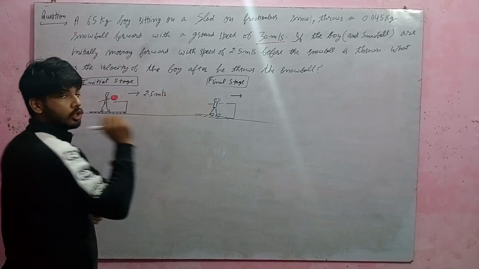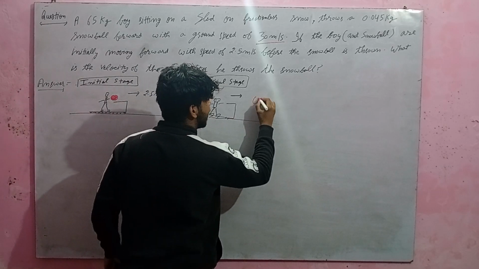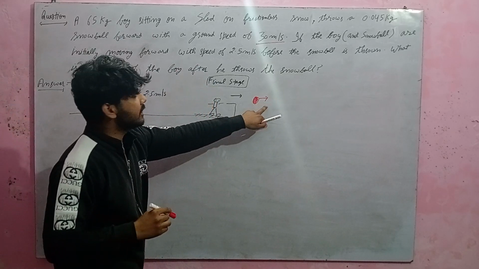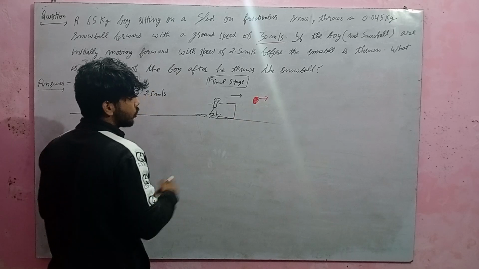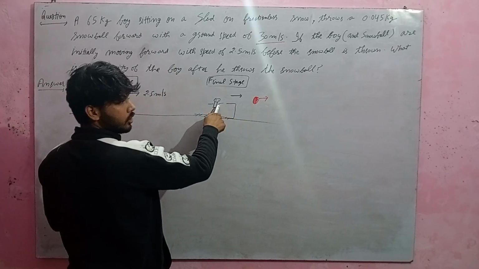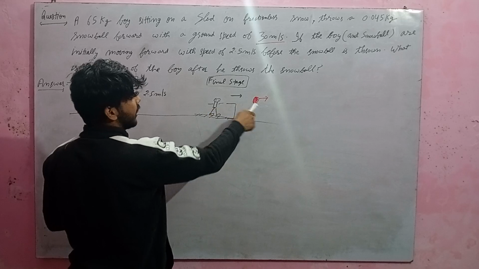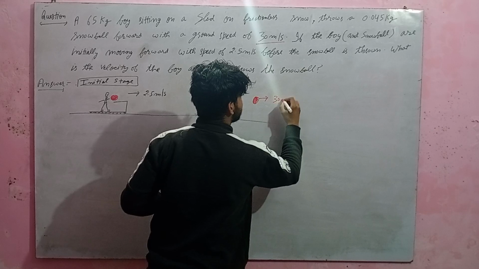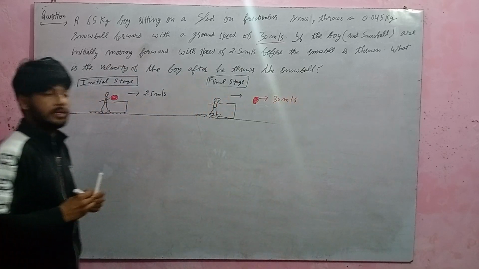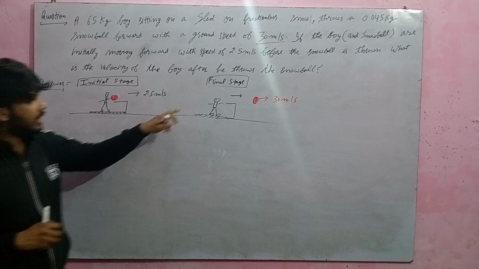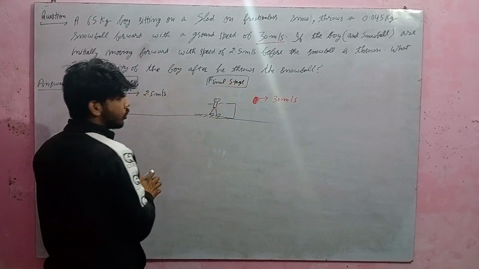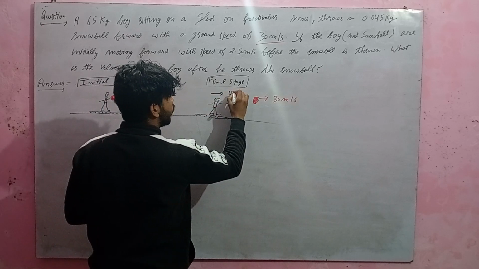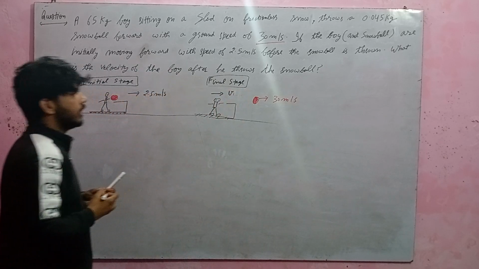He throws the ball in this direction, so the ball moves that way, with velocity 30 meter per second with respect to the ground. And let's suppose after throwing the ball, the boy moves with velocity v.